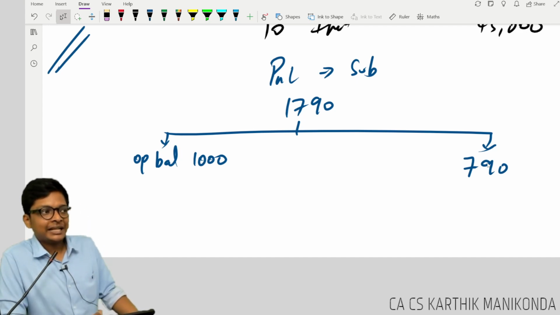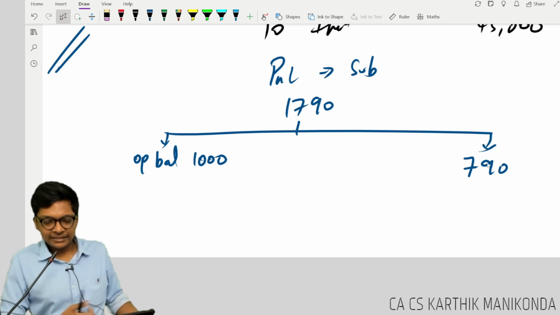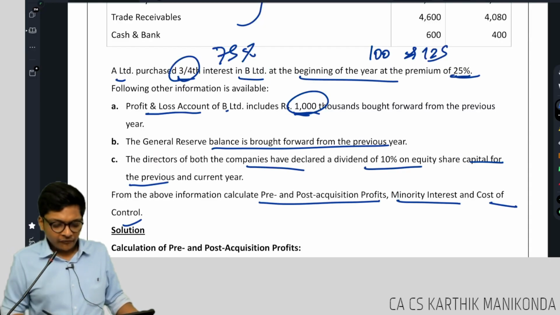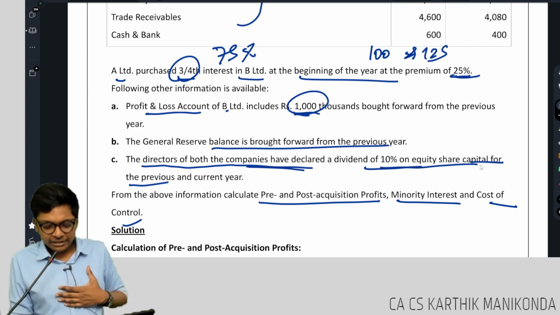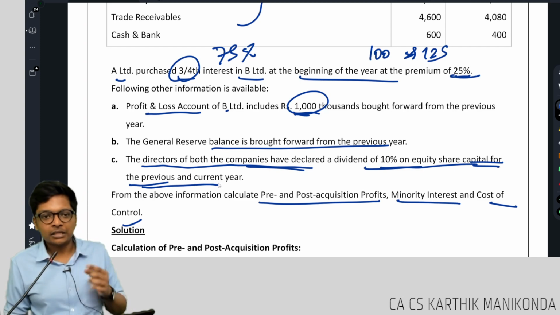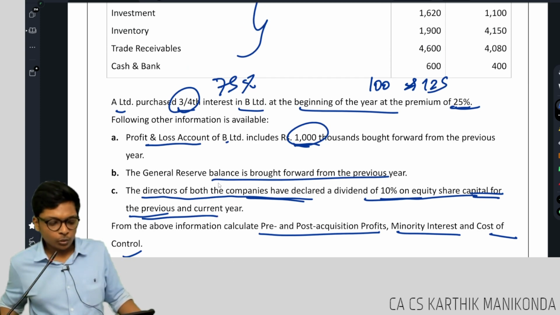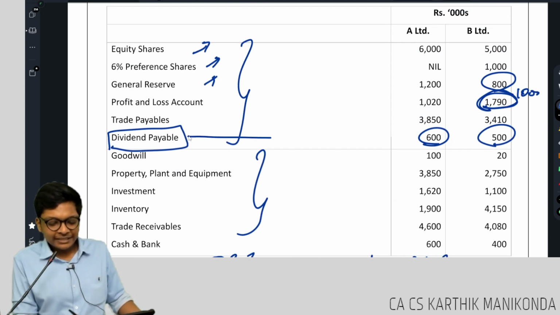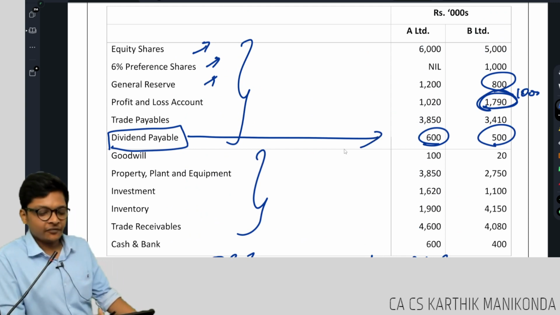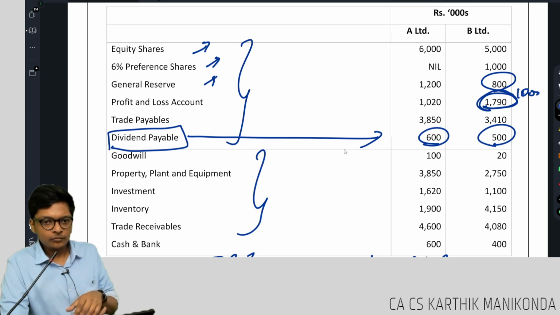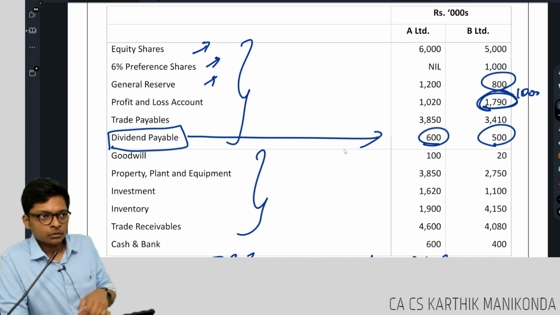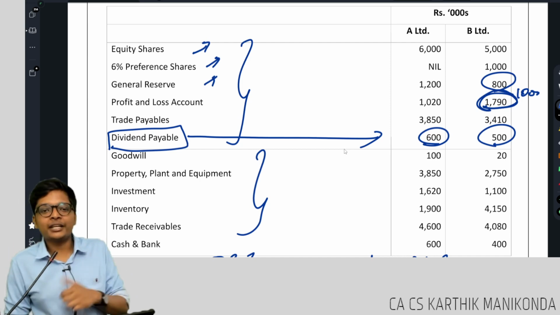It doesn't get over just like that, because from current year, look at this, directors of both the companies declared a dividend of 10% on equity share for previous and current year. Now in the balance sheet, can you see dividend payable 600 and 500? Is this dividend of 1 year or 2 years? Is it both the years included or 1 year?